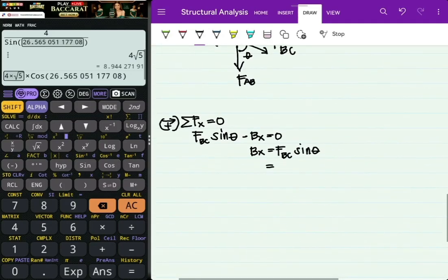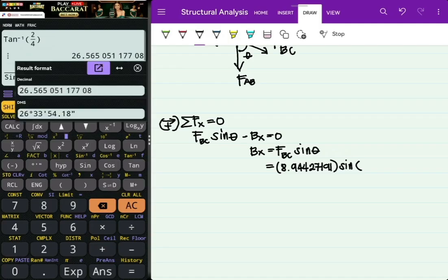Okay, this is parenthesis 8.9442791, and sine theta.